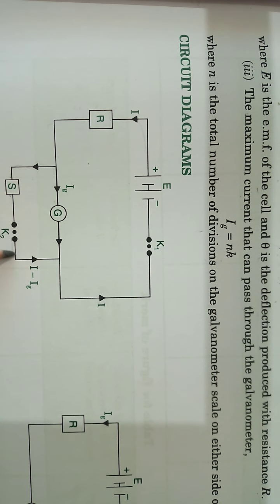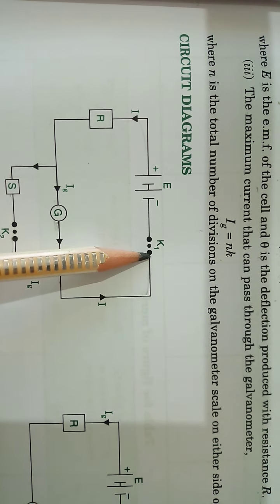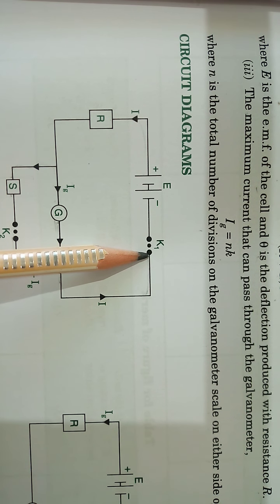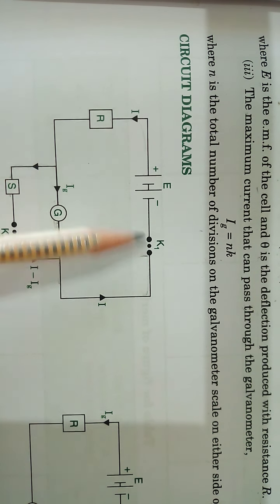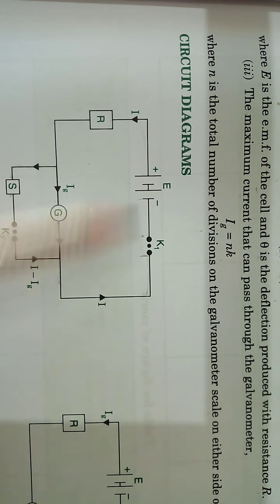Then this side of the key is connected to the galvanometer, and again a wire is used from the galvanometer to connect one part of the key which we named K1, and the second part is connected with the negative side of the battery.